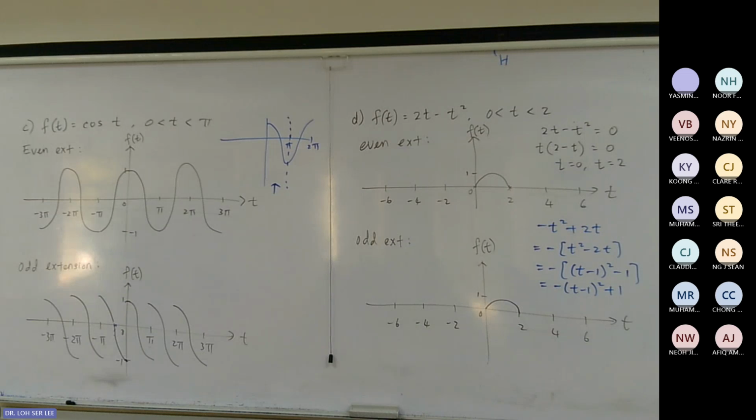So for the even extension, you just reflect it through the y-axis. And for the odd, y, then x.